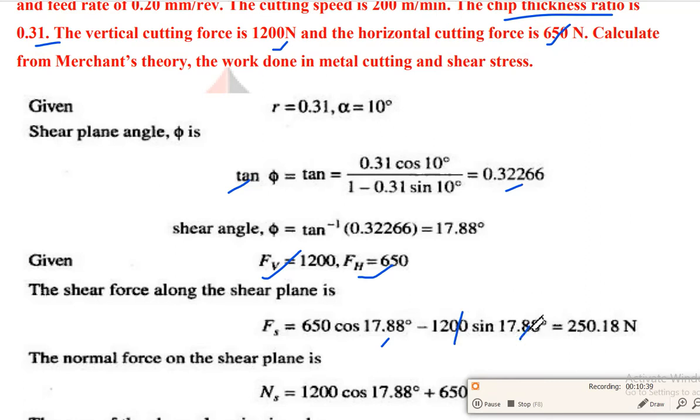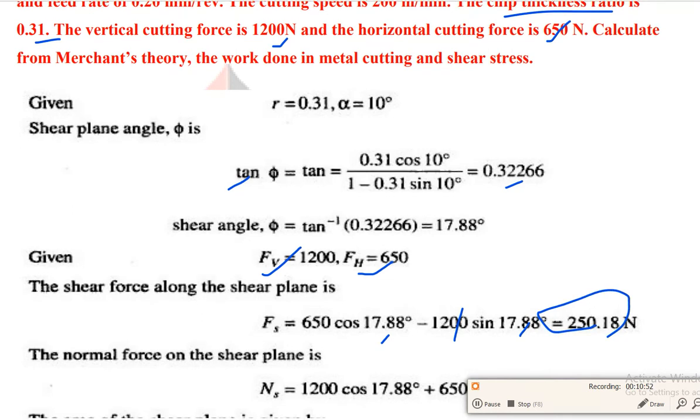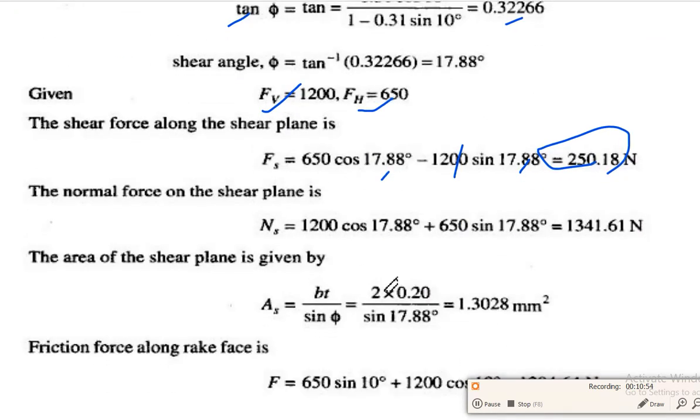If we solve this equation, we get the shear force along the shear plane Fs is equal to 250.18 Newton.